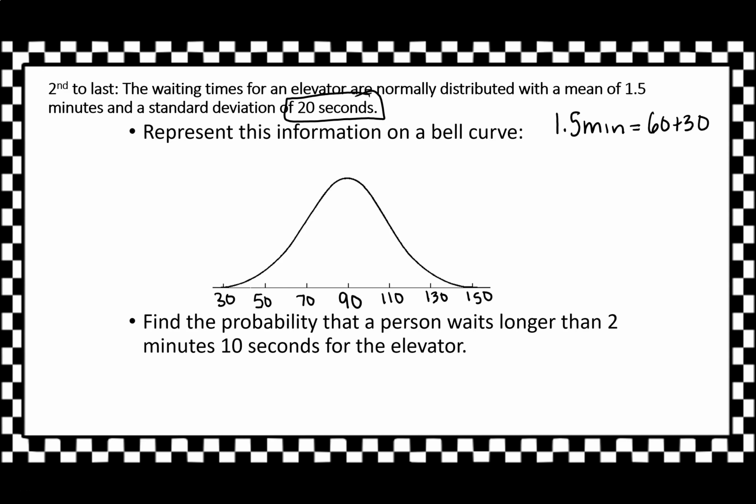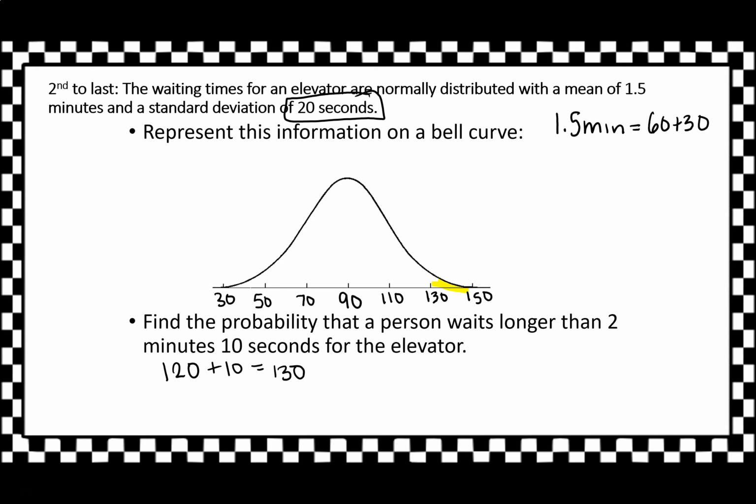All right. Final question here says, find the probability that a person waits longer than 2 minutes and 10 seconds for the elevator. Well, gosh darn it, we've got to convert that into seconds. So 2 minutes is 120 seconds, plus another 10 seconds equals 130. All right, well, where are we at the 130? Let me highlight this here.